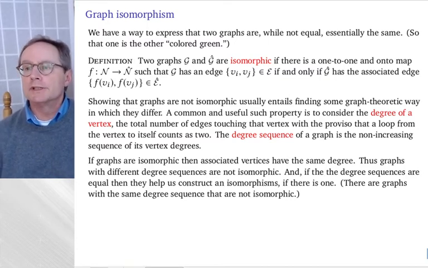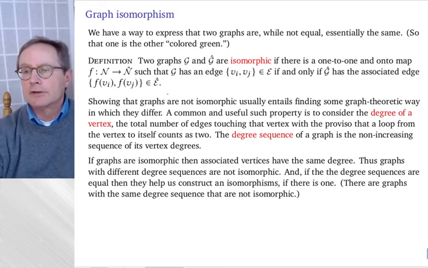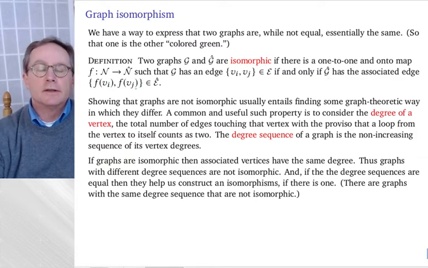Two graphs, G and G hat, are isomorphic if there's a one-to-one and onto map from the nodes, from the vertices, so that the edges line up. The graph G has an edge VI VJ if and only if G hat has an edge F of VI F of VJ.